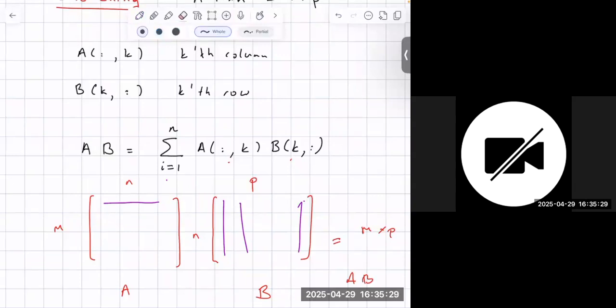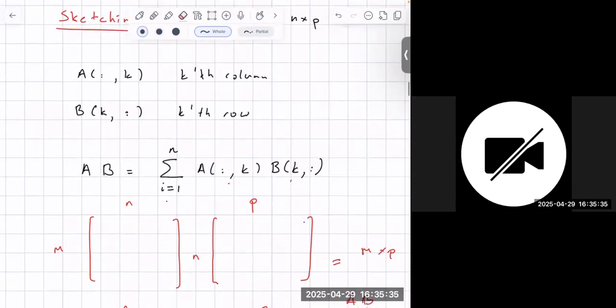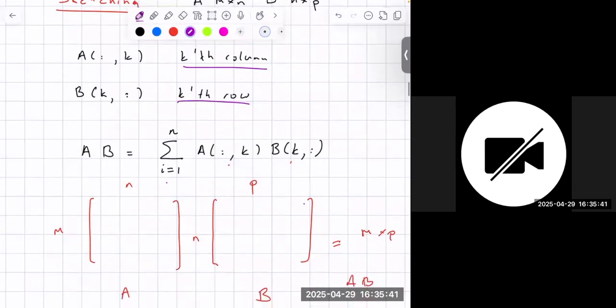So now we are going to do the exact same thing in a different way, and it will give us a perspective to design algorithms, which is the following. Go for the kth column instead of the row, then the kth row. Okay, so let's say I pick the first column here. These are the elements in that first column. Right? And suppose I pick the first row in the other matrix.